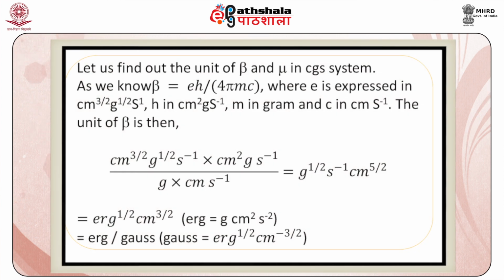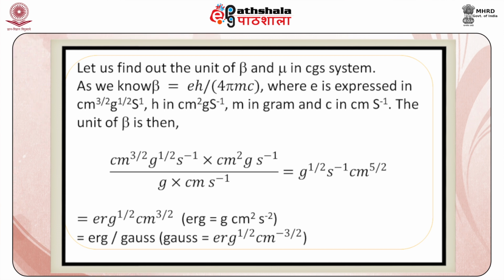Now let us find out the unit of β, meaning Bohr magneton, and μ in the CGS system. As we know, β is equal to eh upon 4πmc, where e is expressed in centimeter raised to power 3/2, gram raised to power 1/2 per second, and h in centimeter square gram per second, m in gram, and c in centimeter per second.